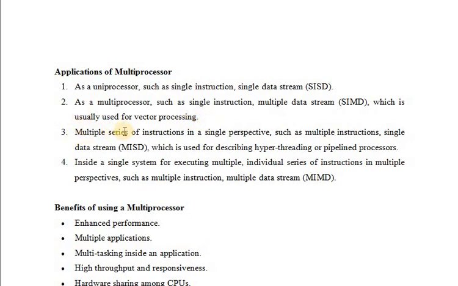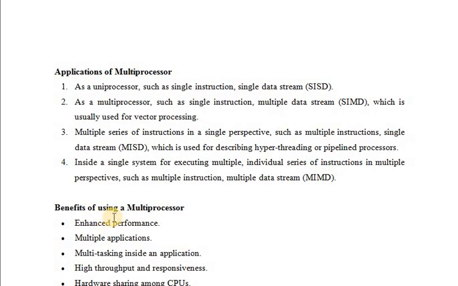Third is multiple instruction, single data stream, that is MISD, which is used for describing hyper-threading or pipelined processors. At last, multiple instruction, multiple data stream, that is MIMD, for executing multiple individual series of instructions in multiple perspectives inside a single system. So these are the applications of multiprocessor: SISD, SIMD, MISD, MIMD.